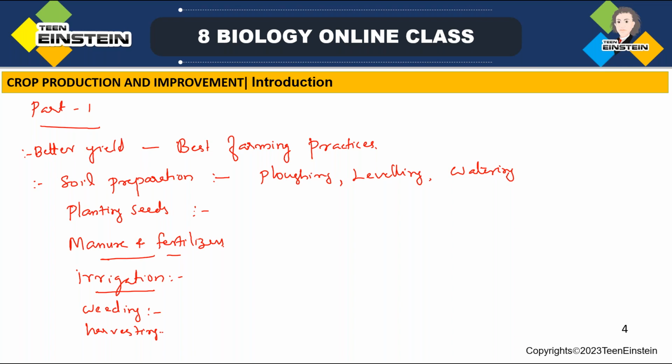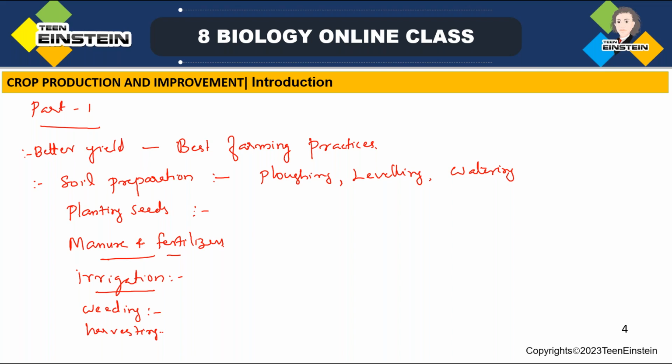Then comes harvesting. After the complete growth of the crop, we can harvest at the right stage. This harvesting is also very important, because if it crosses that right stage, that also will create problems, right? So harvest at the right stage, at the right maturity.